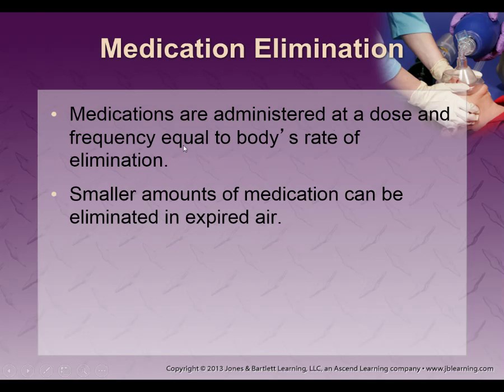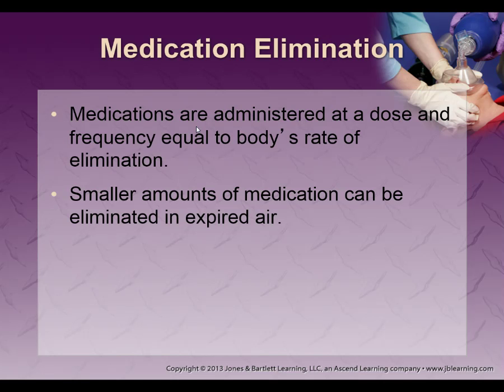Medications are administered at a dose and a frequency equal to the body's rate of elimination. So when we talked about the monographs, that means the monograph will discuss half-life, frequency of dose, and how it should be best administered. It will also give you information based on disease process.